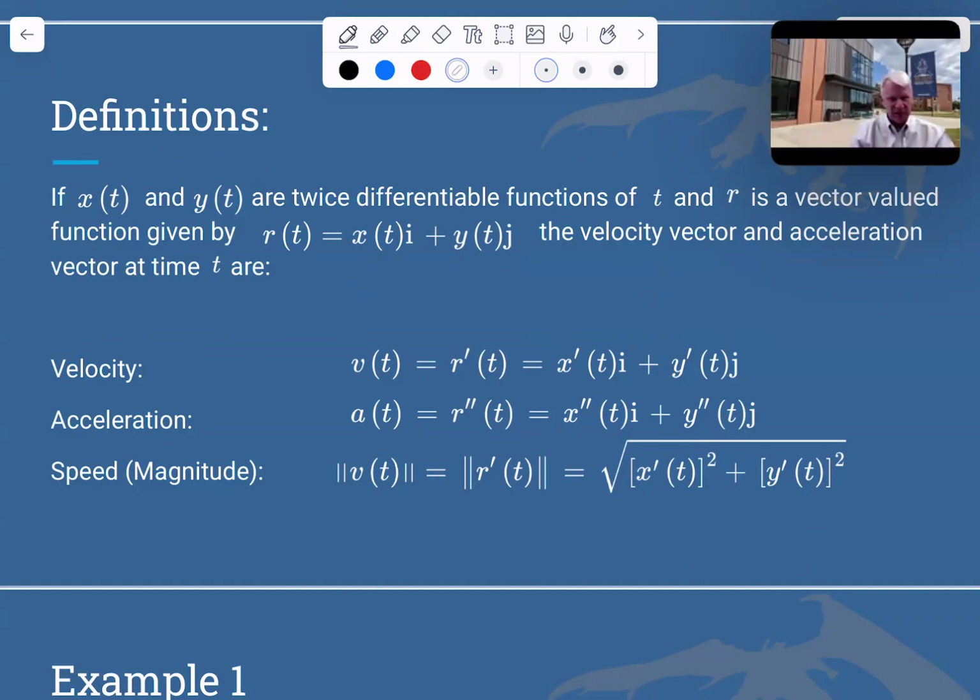But if you think of it like the Pythagorean theorem, the speed or magnitude is going to be the square root of the change in your x component and the change in your y component, each of those squared, and then you add them together and take the square root. So it's like the hypotenuse of a triangle, but you're taking these distances in order to figure it out.